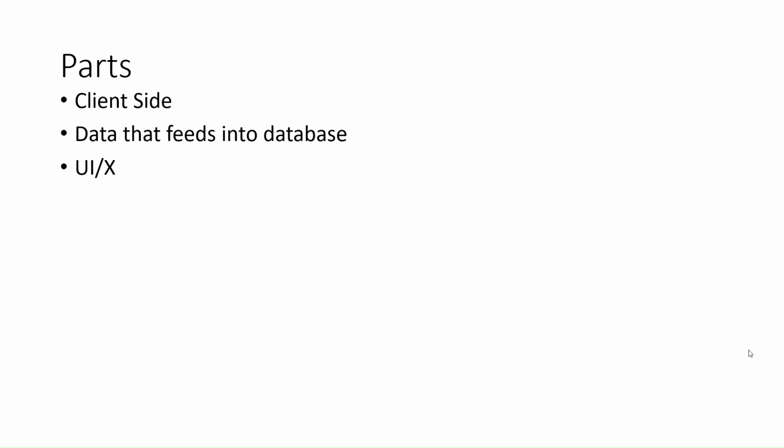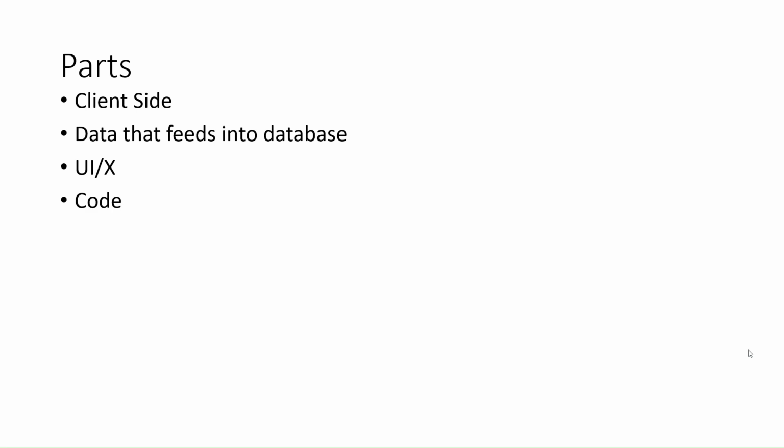And the next part that we're going to be creating is the user interface or user experience, whichever you want to call it. And again, this is just kind of what the user sees and interacts with. This is going to be an Android application, so it's going to be set up for smartphones. But you could take these principles and just apply them to whatever you're doing.